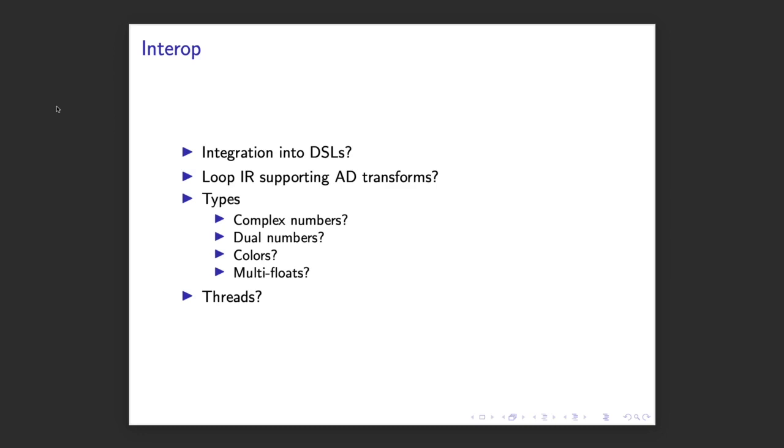Additionally, while existing BLAS and LAPACK routines do support complex numbers, this would allow us to support a much greater array of Julia types that define basic operations like plus and times, such as dual numbers, colors, and multi-floats for high precision arithmetic.